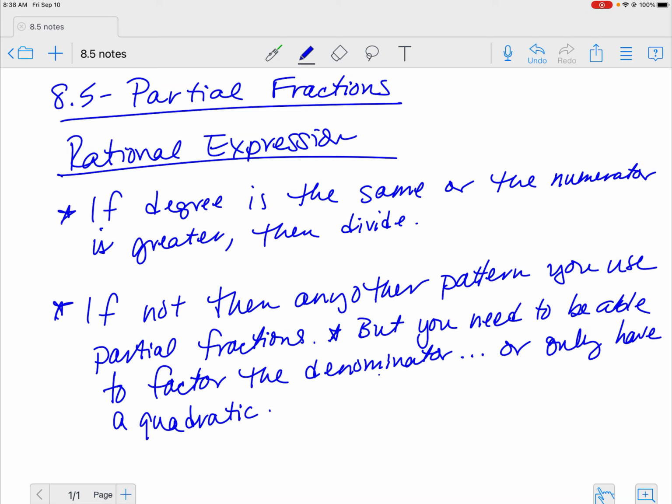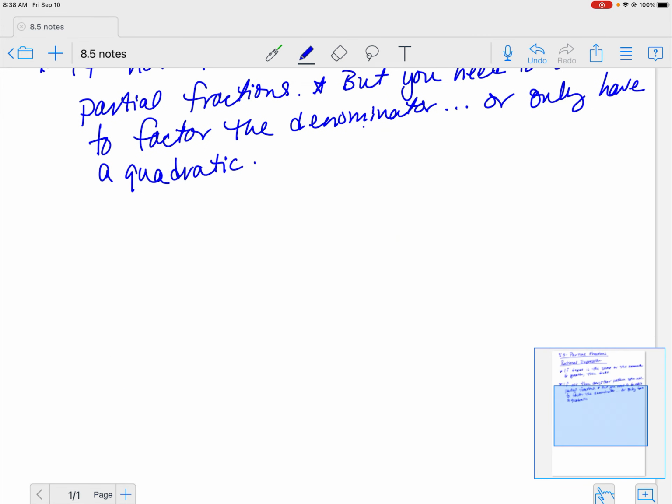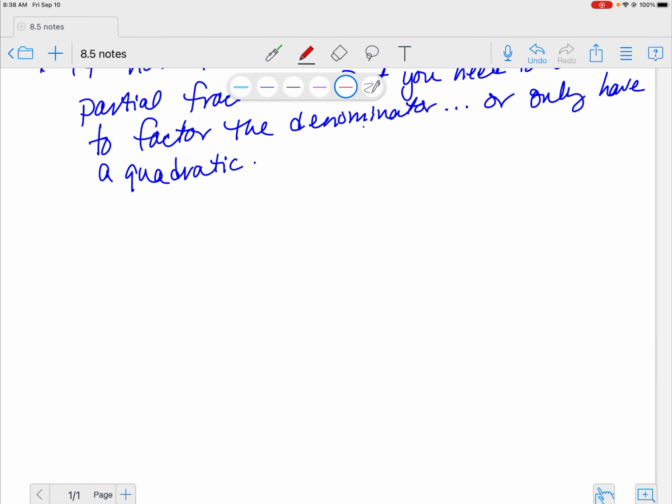So those are my criteria. You have to hit these criteria. If it's the same degree or bigger on the top, just divide that, and then you work with it. All right? Okay.